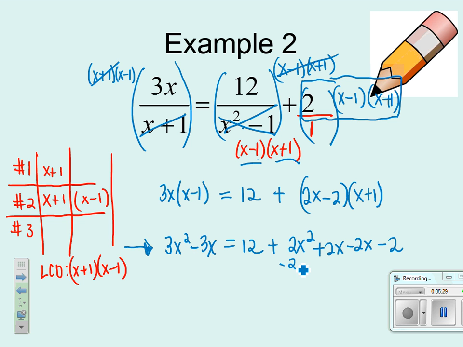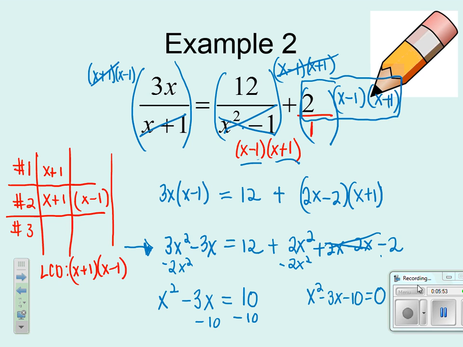So I'm going to subtract 2x squared from both sides. I'm going to get x squared. 2x and negative 2x cancel out. And then 12 minus 2 is 10. So this is x squared minus 3x equals 10. I'm going to subtract 10 on both sides. I get x squared minus 3x minus 10 equals 0.